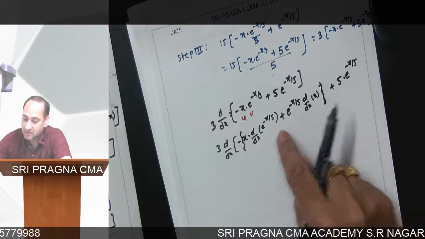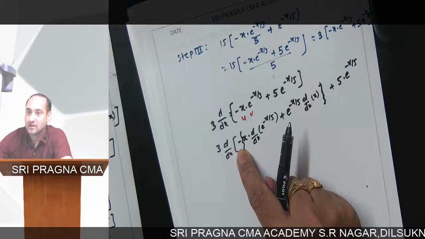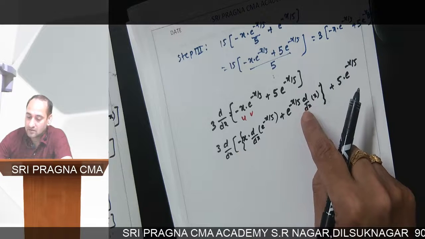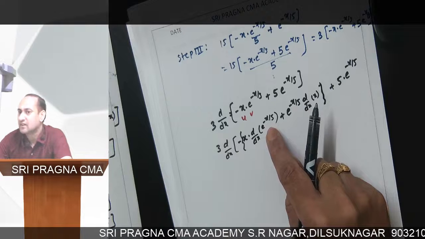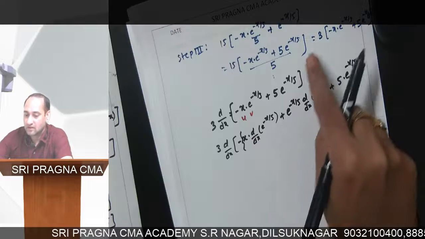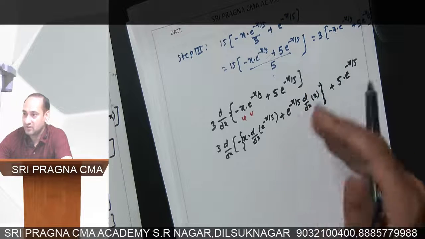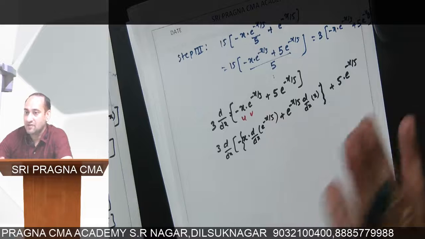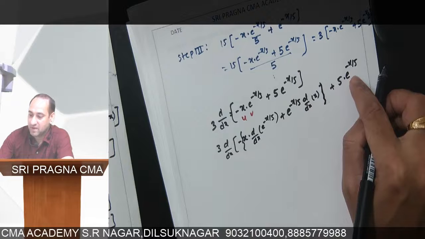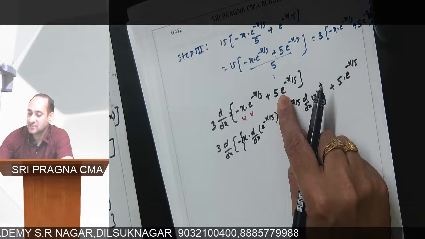Where minus 1? I have not done it right now. I am doing it now, I am performing the next step. E to the power minus this, I am going to do the differentiation of this number.